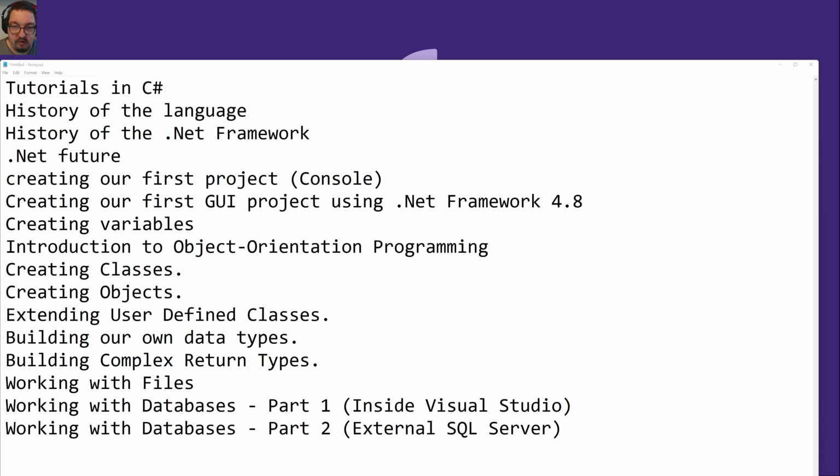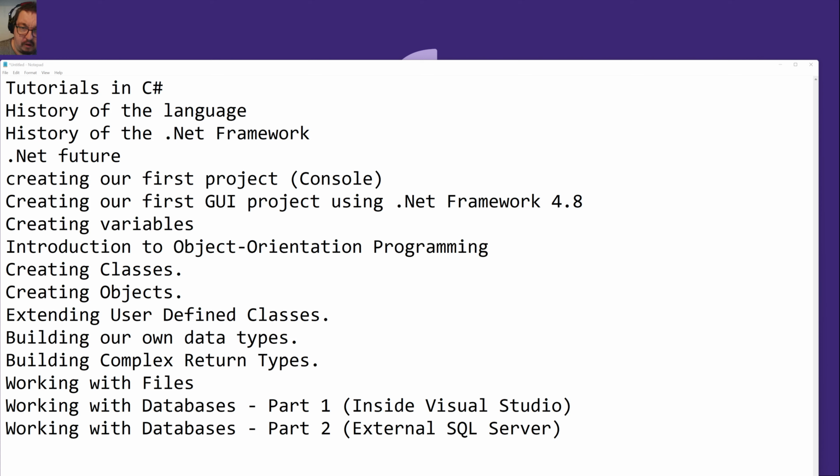So this is a tutorial in C Sharp, one of the most commonly used languages in software development. And we will start this probably in this video, or we might leave it until the next one.